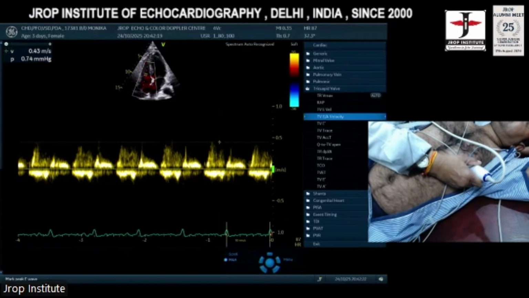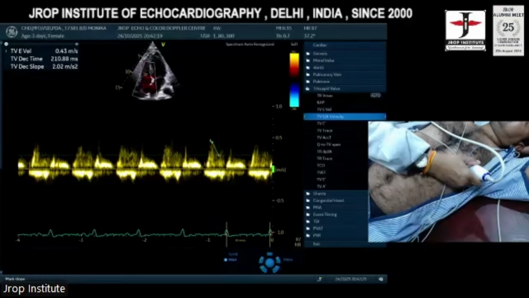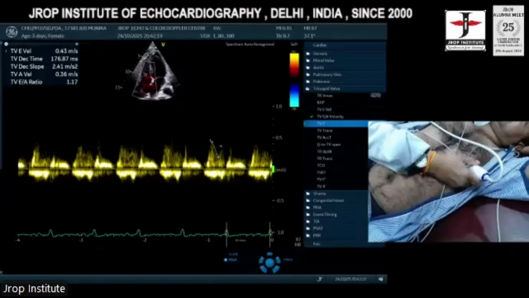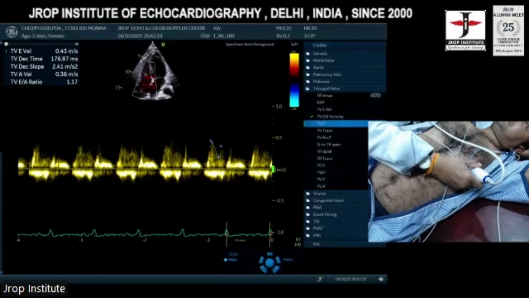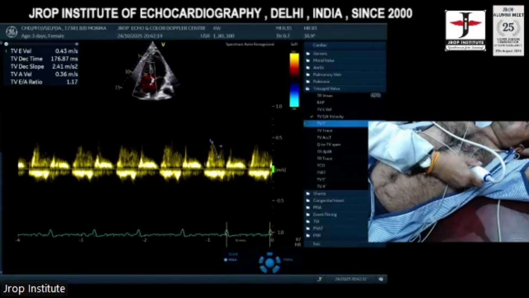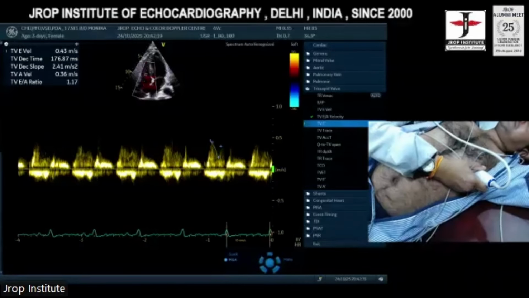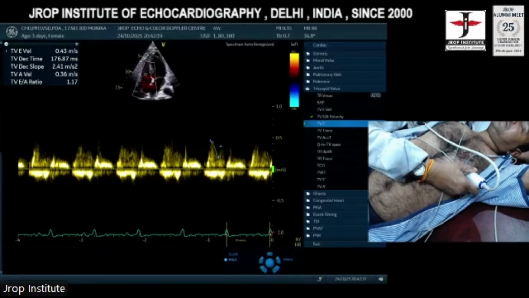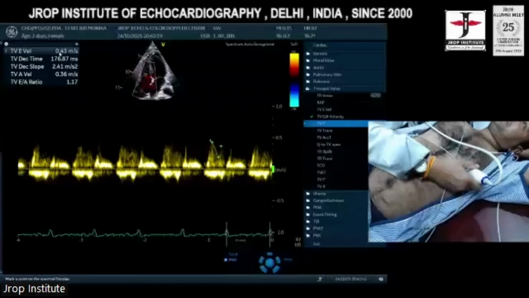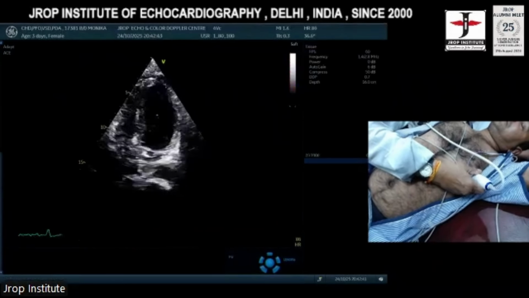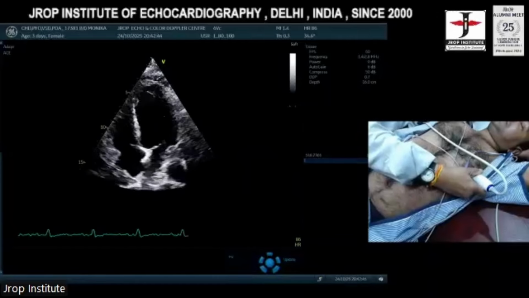This is E wave. This is A wave. Normal flow is 50% of mitral flow. Mitral flow is 1.3, 63, 65. Look at the flow here, it is only 43. Normal tricuspid flow.